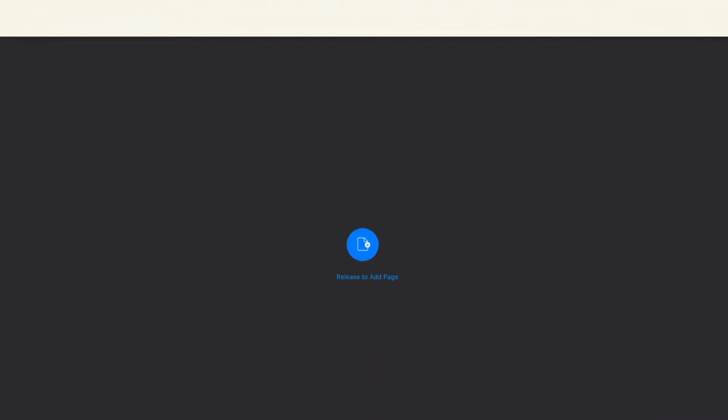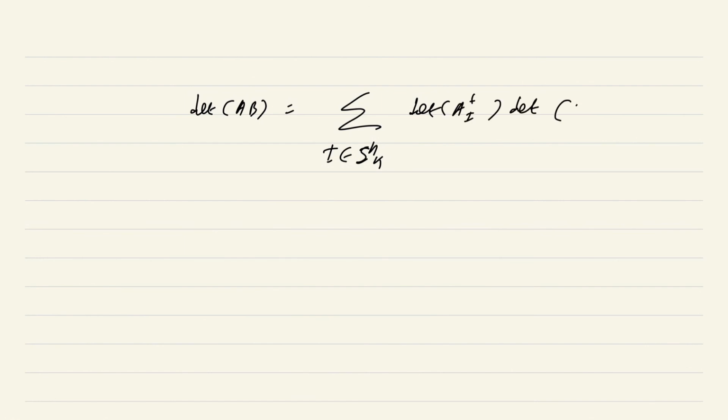So what we can conclude is that determinant of AB is nothing but the summation over I of determinant of A transpose I, determinant of B_I. So the formula is proved.